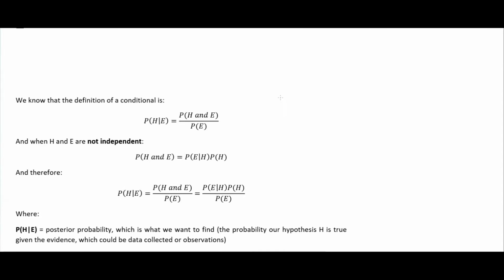To get Bayes' theorem, or Bayes' rule, as it's sometimes called, first we want to start with what we already know.